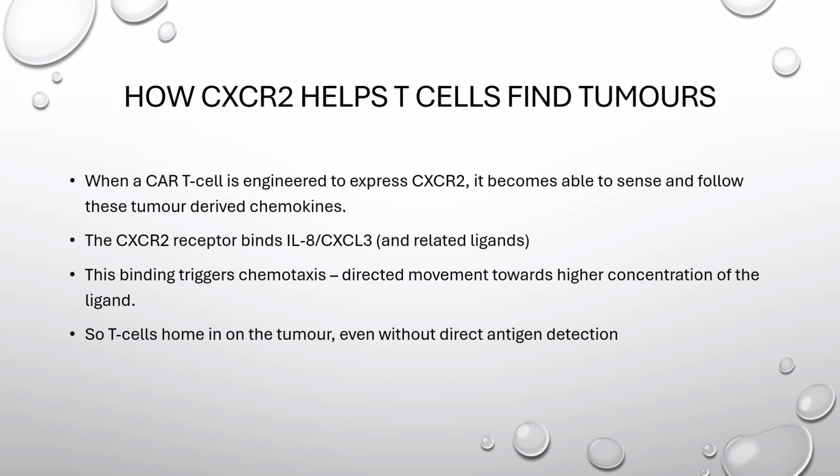So engineering these CXCR receptors gives the T cells the ability to detect and migrate towards these chemokine-rich tumors. And if you combine that with your CAR, your chimeric antigen receptor that is targeted towards HER2, it improves their localization, and improves the retention and effectiveness of the CAR T cells inside of the tumors.